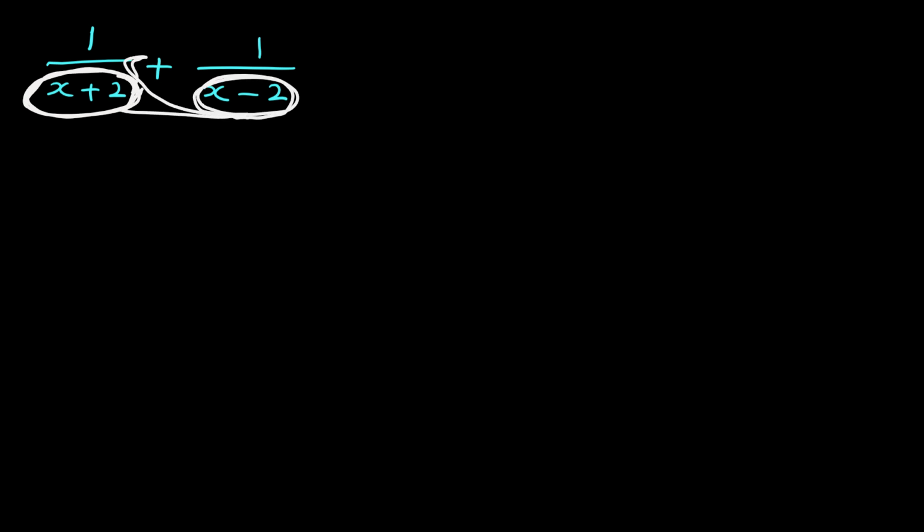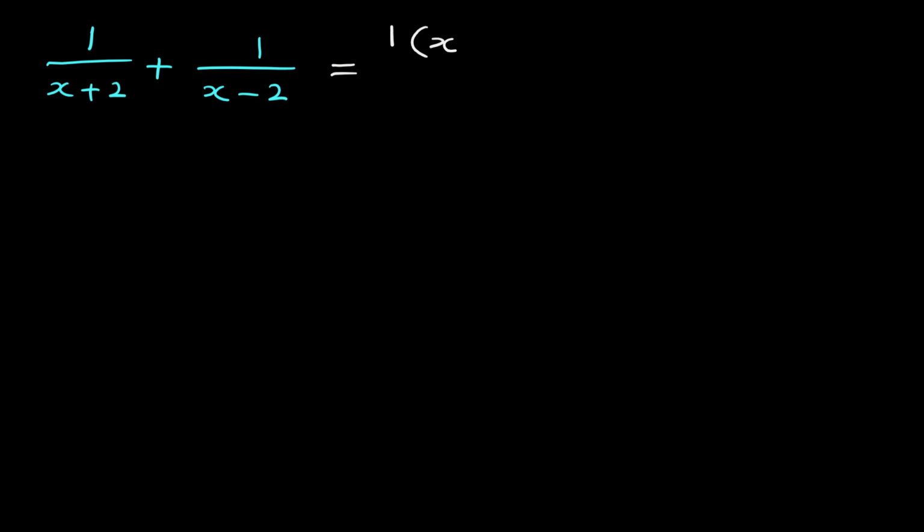And of course, because we multiply the denominator by this expression, we have to multiply the numerator by that expression too, because we don't want to change the value of the rational expression. So this is the way we do these questions. We multiply the numerator, which is 1, by x minus 2, and we multiply the denominator also by x minus 2.